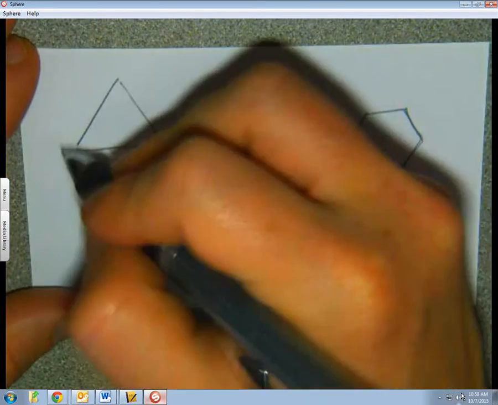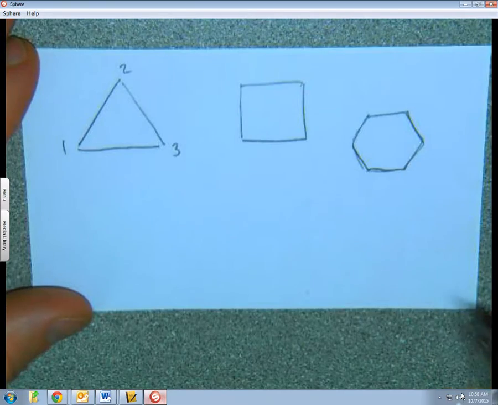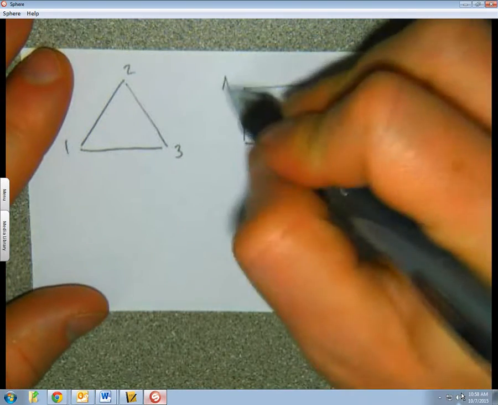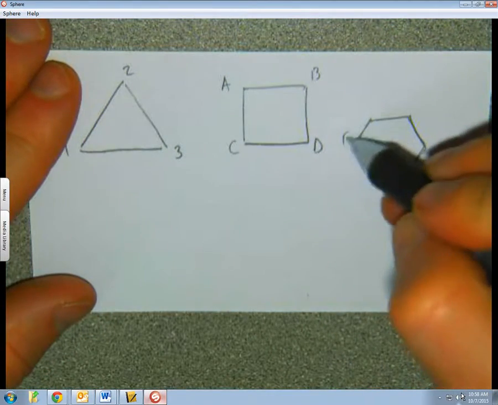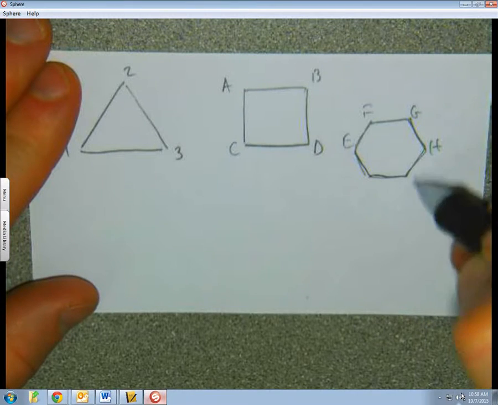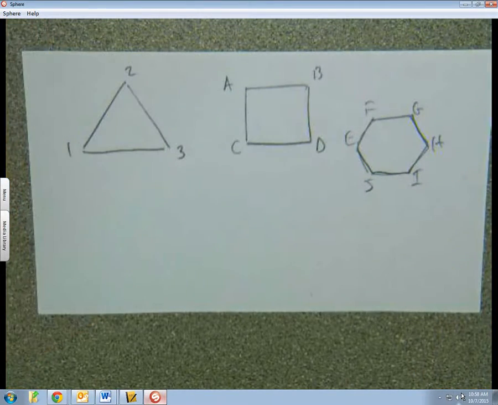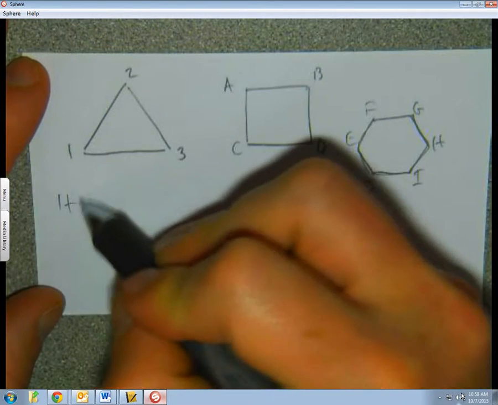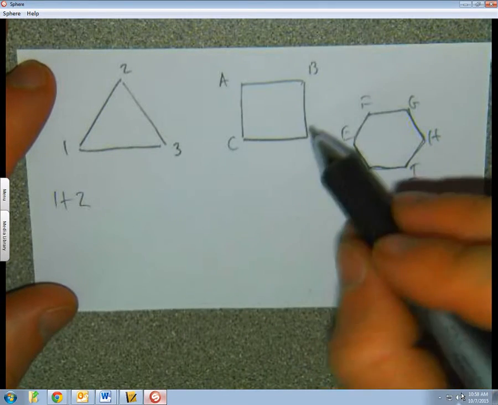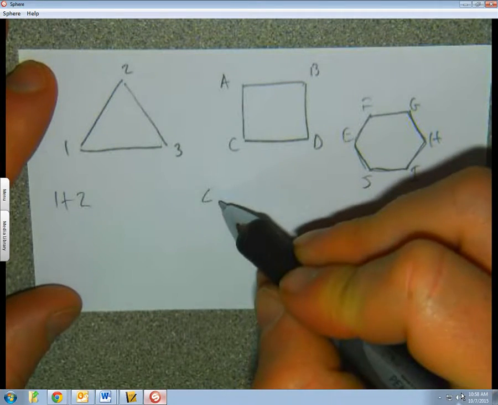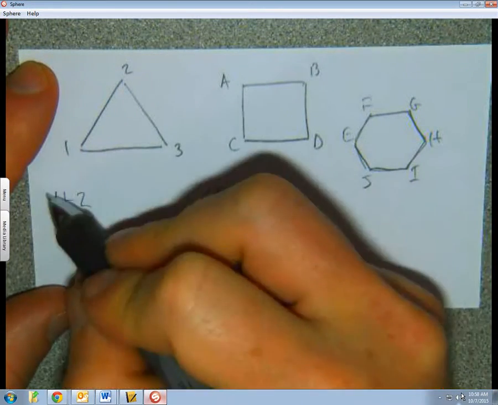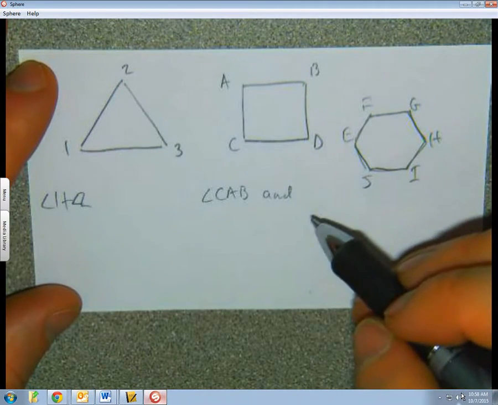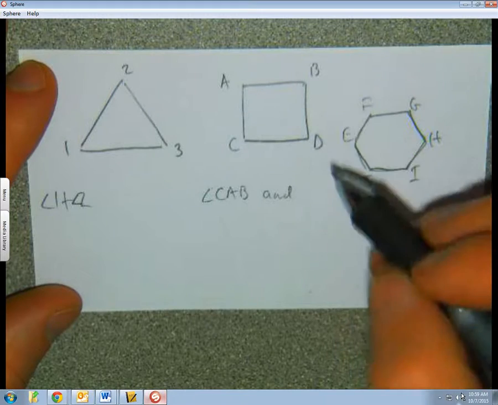So let's just go 1, 2, 3 here. Let's go A, B, C, D, and then let's go E, F, H, I. Alright, so one set of consecutive angles would be 1 and 2. And one set here would be angle CAB and ABD.